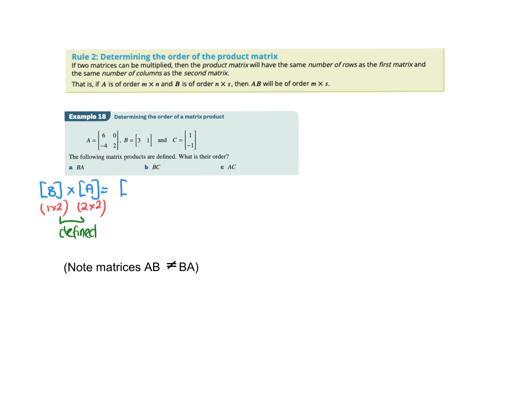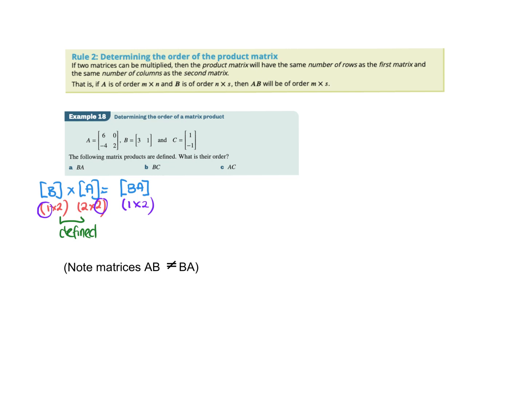When you get this product matrix, they'll put the two letters together inside the bracket to label it like that. Now, knowing that other rule, we know that the order is going to be the same number of rows as the first matrix and the same number of columns as the second. So when we do that one, it'll work and you'll end up with a 1 by 2.